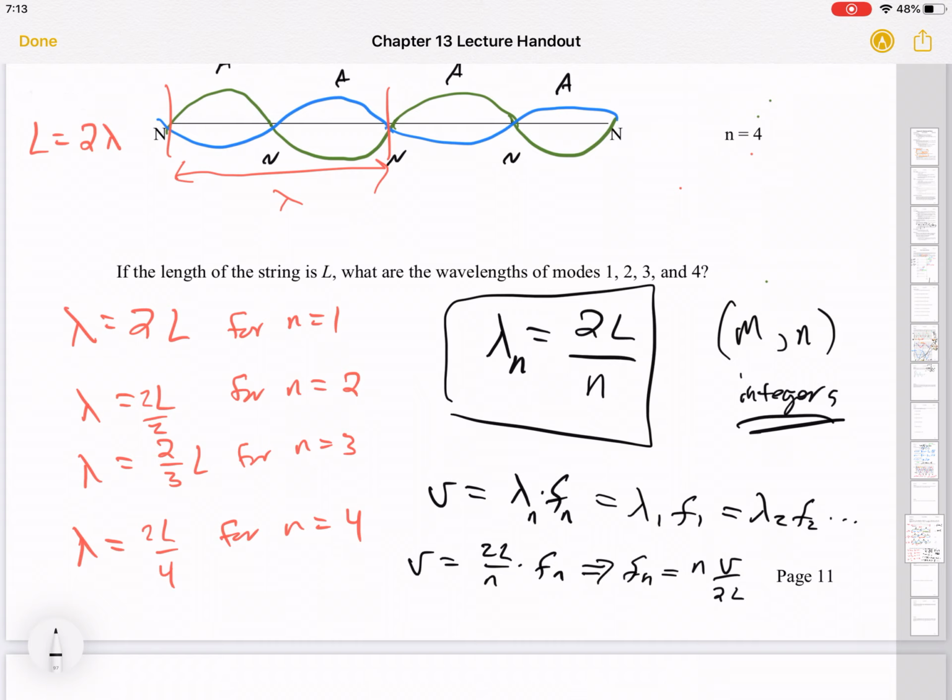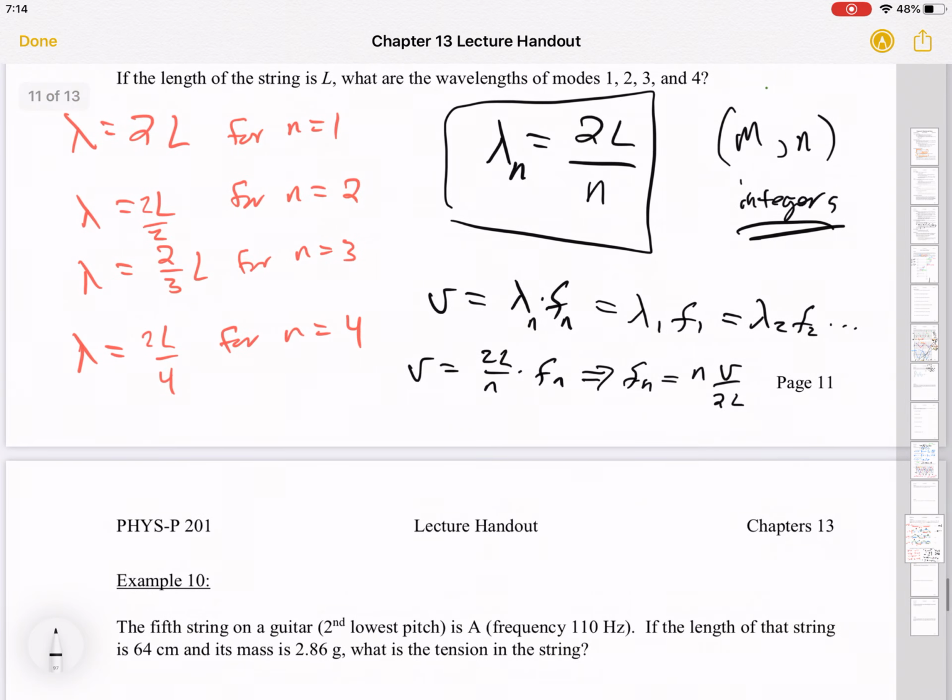This is kind of interesting because it means the f sub n are equally spaced, and the spacing is v over 2L. I could call v over 2L f sub 1, the fundamental frequency. And then I could write this as n times f sub 1.